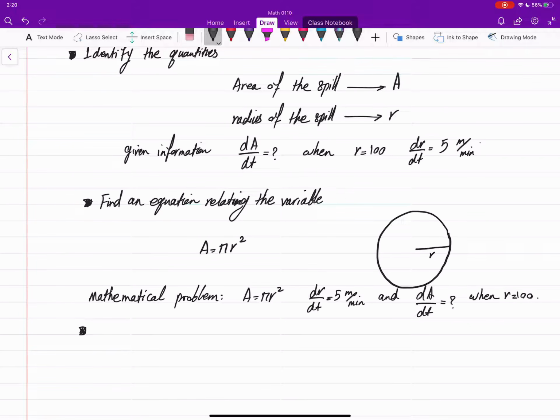So this is completely mathematical. We don't need to know where A or r is coming from. These are just variables and relations.